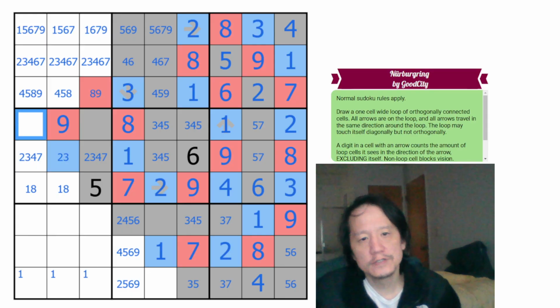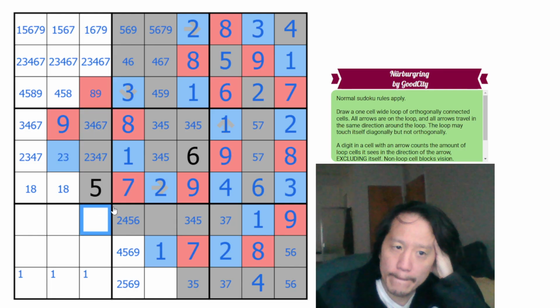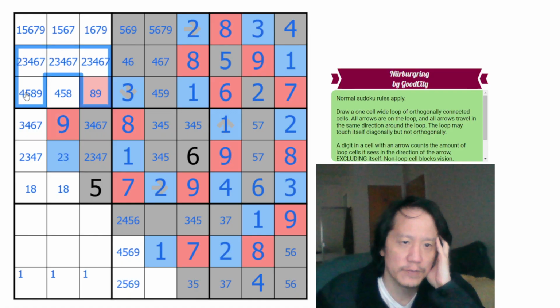So this is 3, 4, 5, 3, 4, 6, or 7. This is also 3, 4, 6, or 7. One thing, okay, so if it tries to go this way and it goes around this way, this doesn't work.